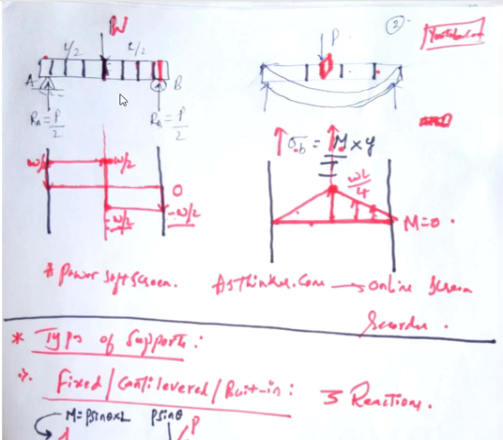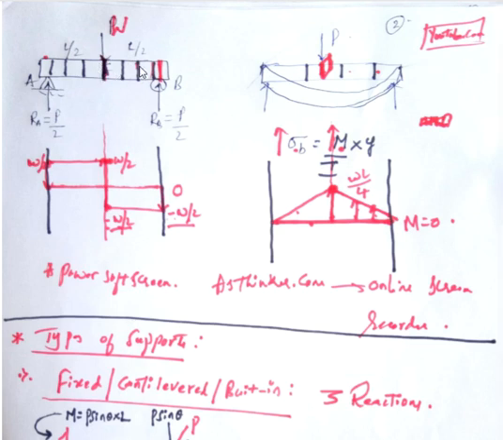For example, if I consider this beam which is supported at its end at point A and point B, okay, and then it is subjected to load exactly at the center. When this beam is subjected to load W, there will be shear force and bending moment induced inside this beam. But that shear force, if I consider, it is not going to be same at all the cross sections along the length of the beam.